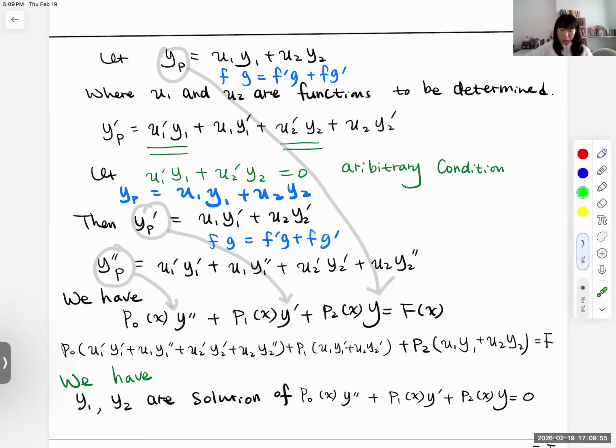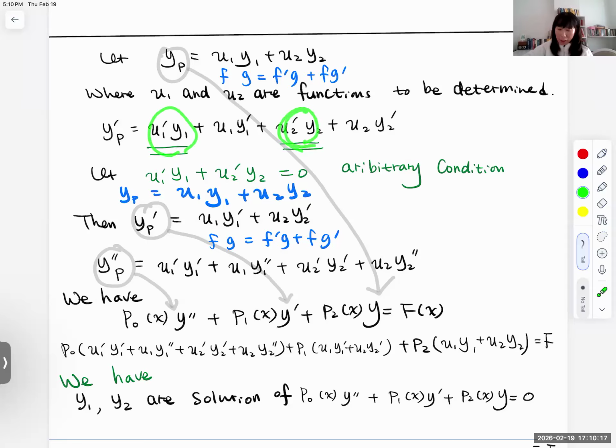Then we take the first derivative. We got that, but then we said this part is 0.